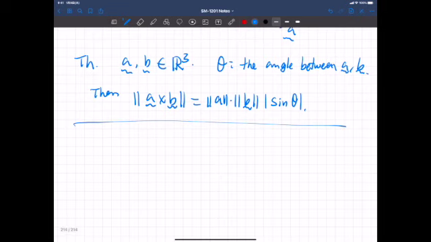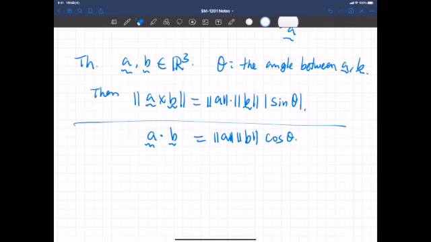But before that, compare this with the result of the dot product. A dot B, if you remember, was used for defining the angle between A and B. That was cosine theta. Since the scalar product is a real number, this made sense.